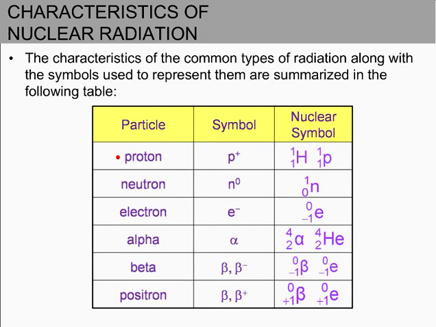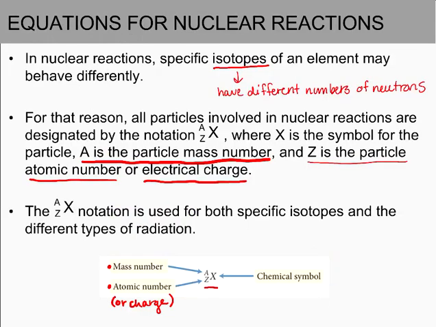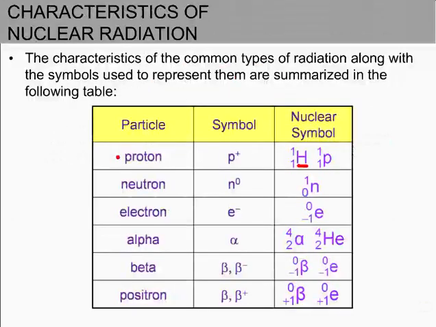We could either use H, because remember hydrogen has one proton, or we could just use a P for proton. And then the mass number at the top left is 1, and then the atomic number on the bottom left is also 1.